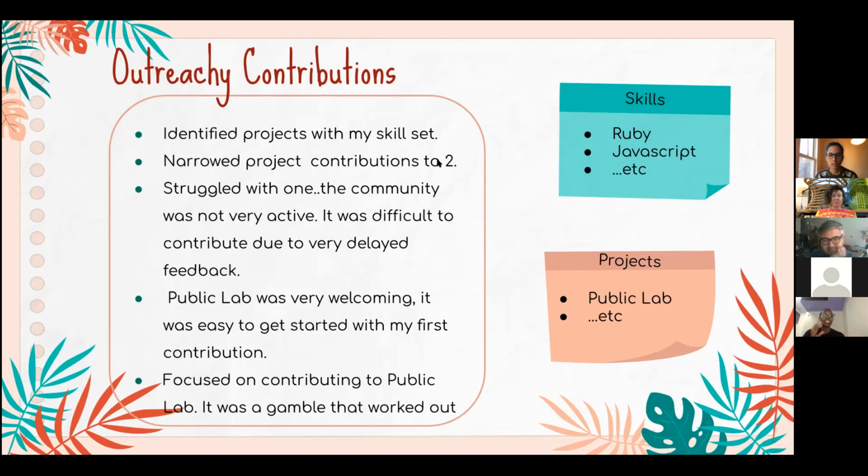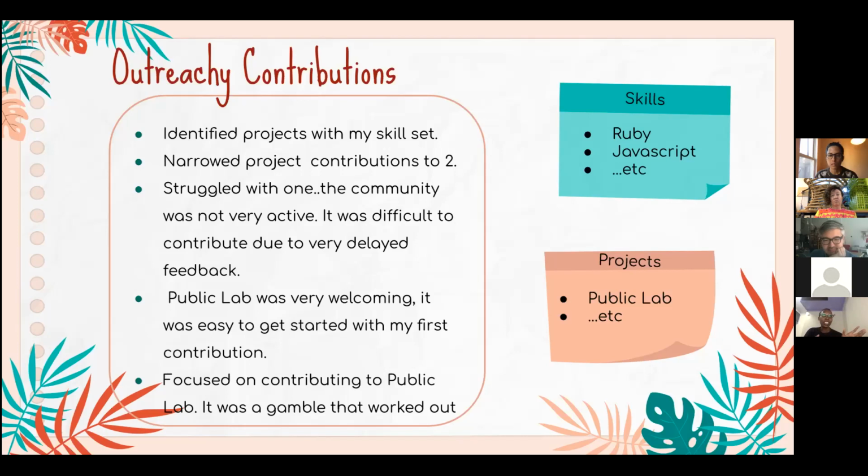So Outreachy recommends choosing 2 so that you can have an impact. And I struggled with 1, because the community was not very active. You find some projects have maybe 1 maintainer, and it's not their full-time job, so they don't have the time to review your pull request or merge it.